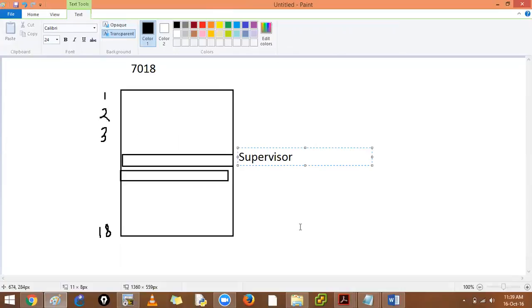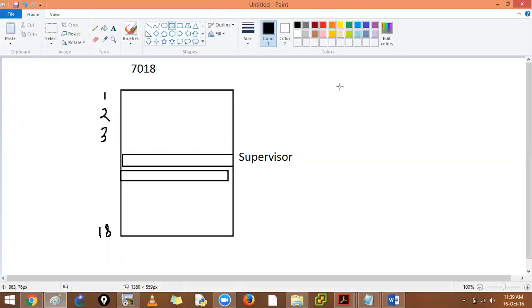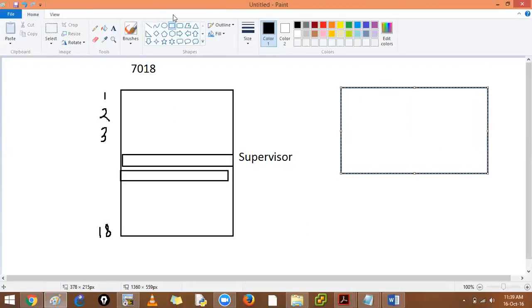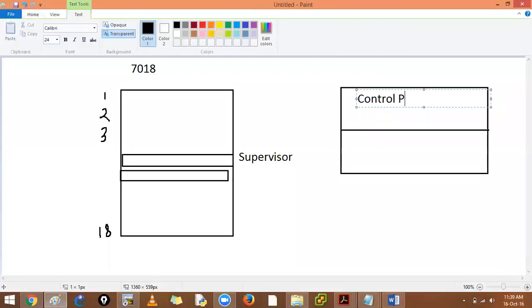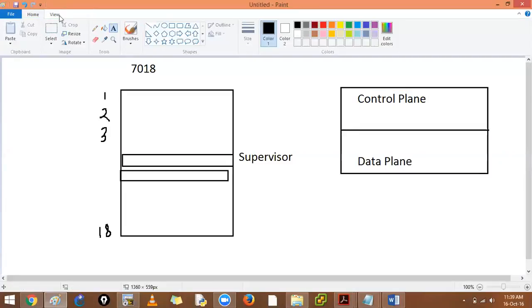modules. If you know, in your devices, if we are talking about Cisco devices, we always have 2 important planes. What are the 2 important planes of your Cisco devices? One is the control plane and one is the data plane, right? So the control plane in your Nexus is called your supervisor module, right?